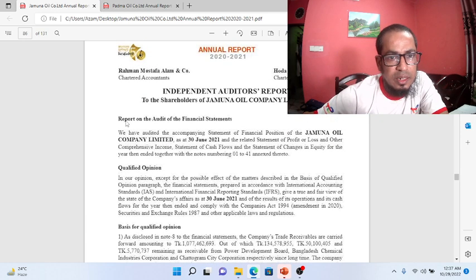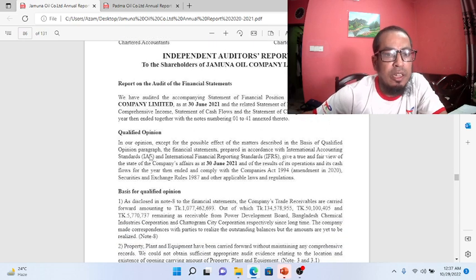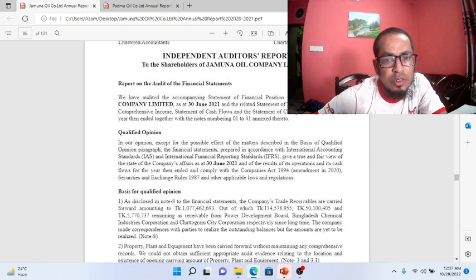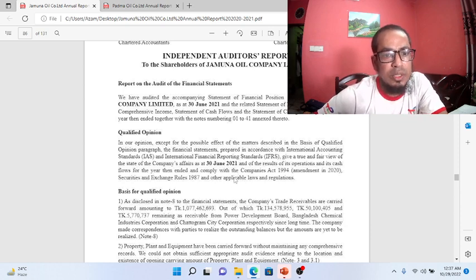There's the heading, report on the audit of financial statements, and the address: we have audited, and this is the qualified opinion. In our opinion, except for the possible effect of the matter described in the basis for qualified opinion, the financial statements prepared in accordance with ISA and IFRS give a true and fair view of the state of the company's affairs as at 30 June 2021.